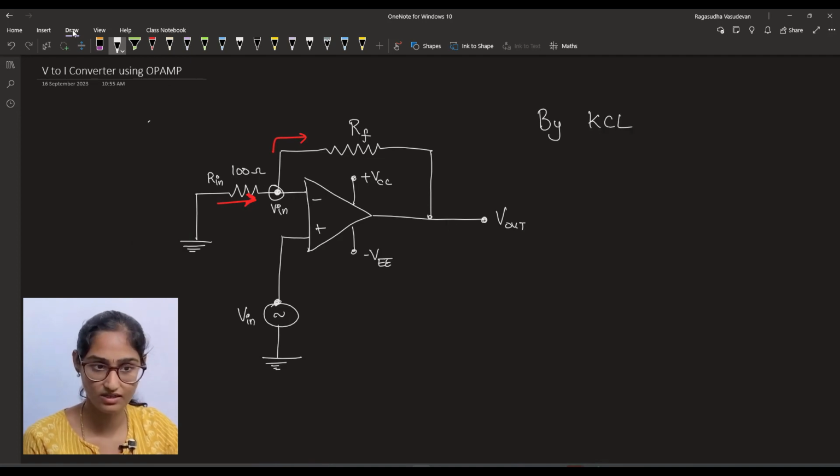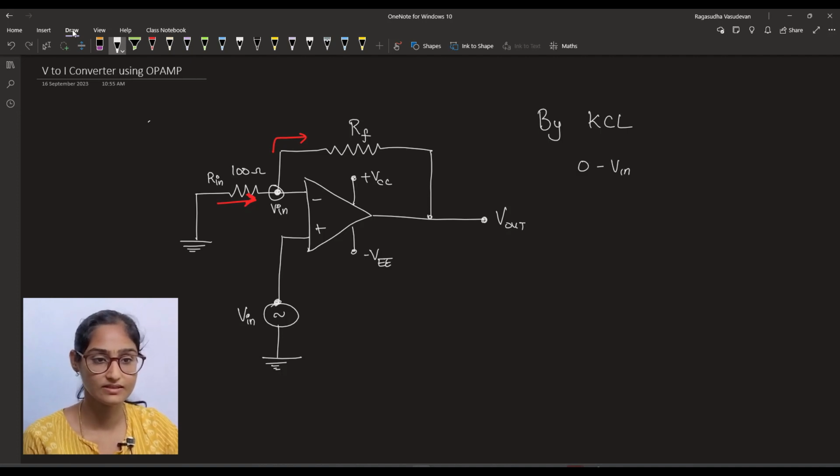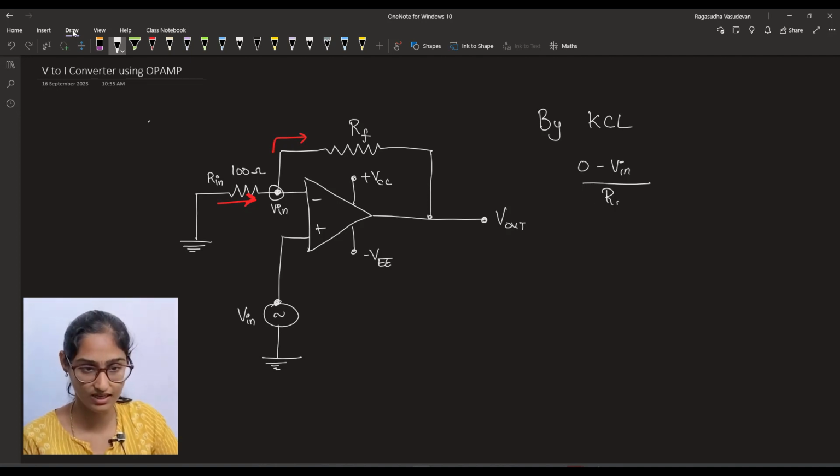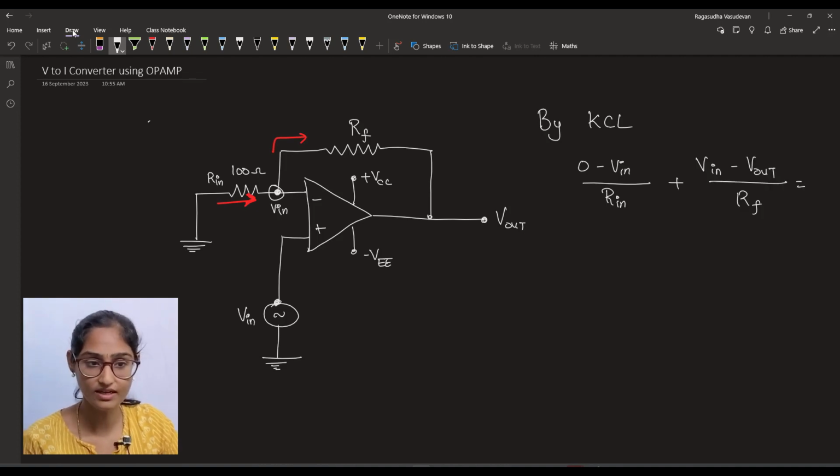What we are getting is 0 minus Vn divided by Rn (it's not 100 for now, this is Rn) plus Vn minus Vout divided by Rf is equal to 0.